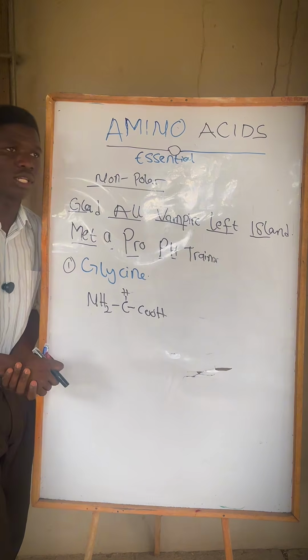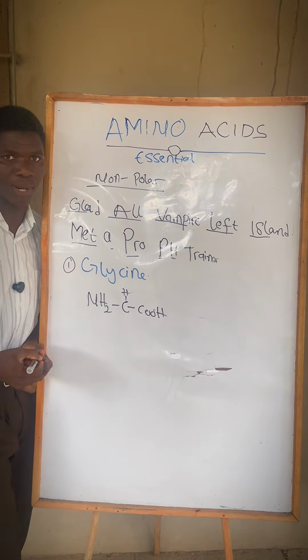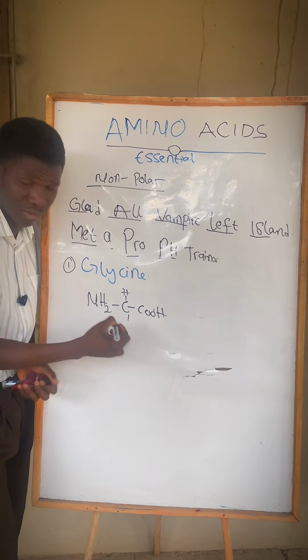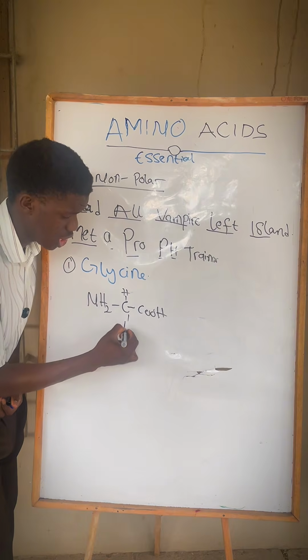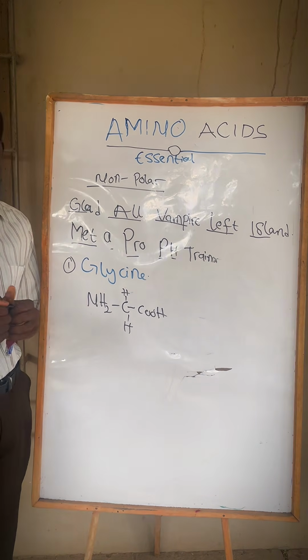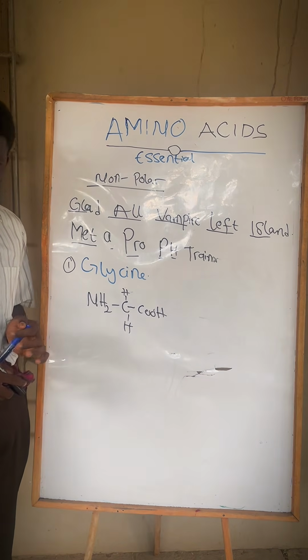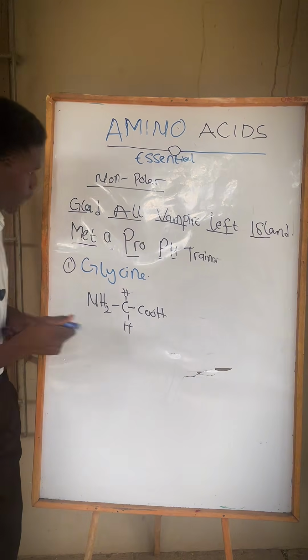Because this guy does not want to leave the space empty, he will write this H back. He does not want to leave it empty, so he will just write the H back. So this is the structure of your glycine. Do you understand it? Now the next one is alanine.